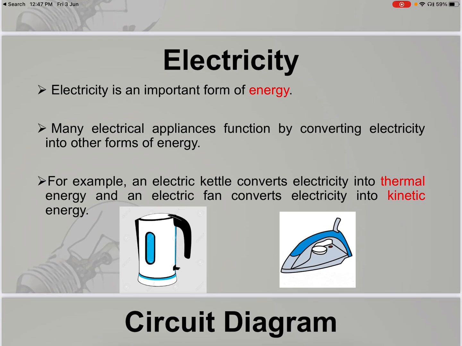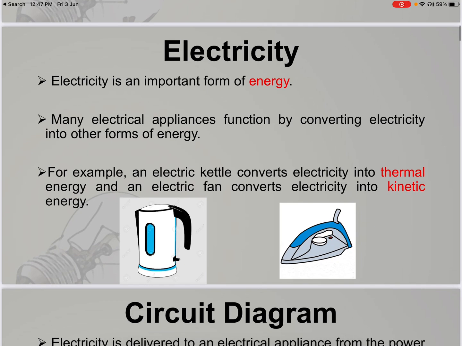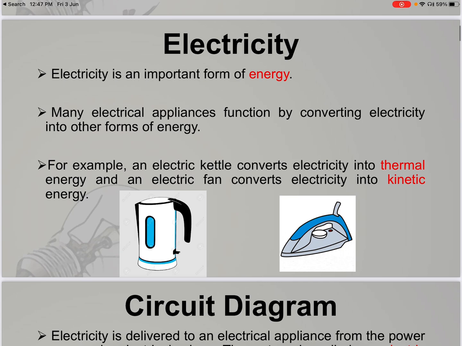Okay, so electrical energy is also known as electricity, and it is an important form of energy. All right. Now, a lot of times we use all these appliances at home, and they actually function by converting this electrical energy into various forms of energy. Okay, so take for example a kettle or an iron, right?